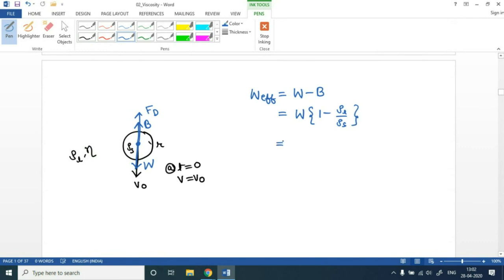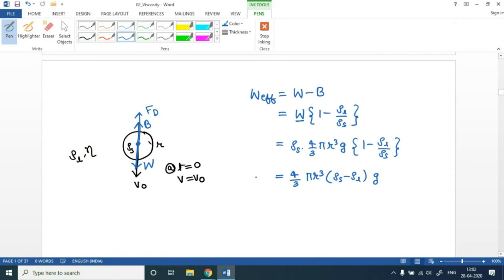And when you will be substituting the value, that is nothing but M times G, and M would be nothing but rho S into 4 by 3 pi r cube into G. Okay, so into 1 minus rho L by rho S. So rearranging this, you will be getting 4 by 3 pi r cube into rho S minus rho L times G.